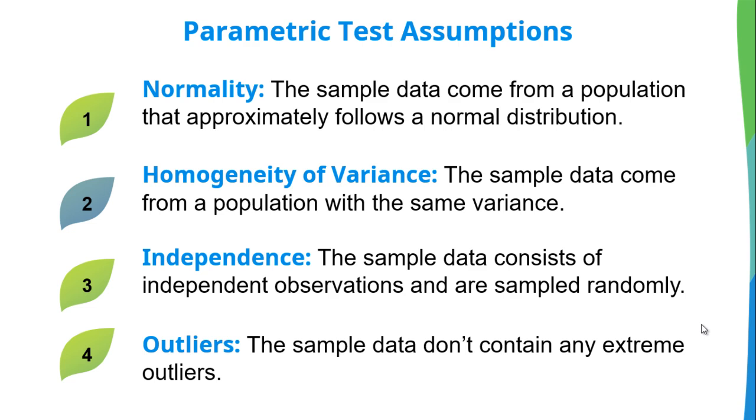So if the data meet these assumptions, then we can go ahead to use the parametric test, which is ANOVA. But if it does not meet them, then we can switch over to the non-parametric test, which is Kruskal-Wallis, a counterpart of ANOVA. So we can use either of the two, depending on the assumptions you are able to meet.